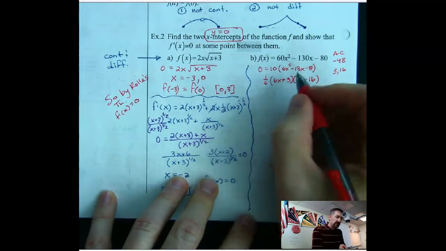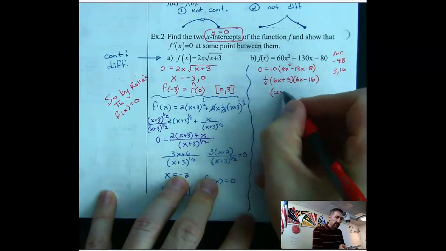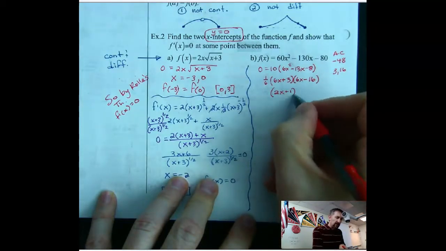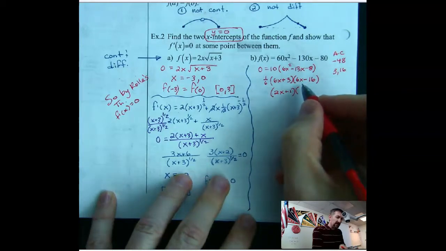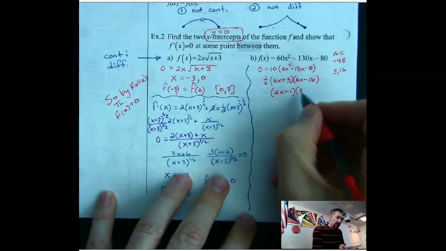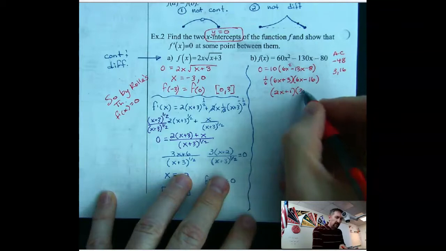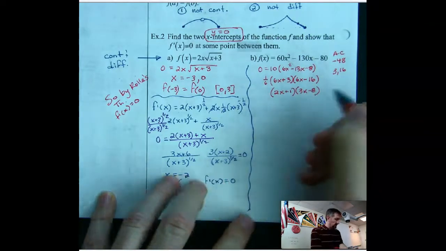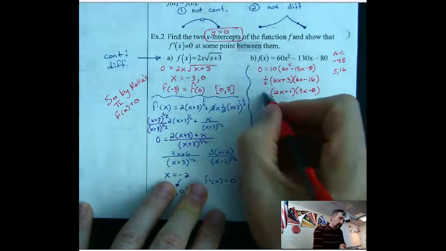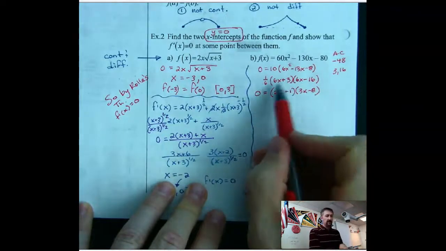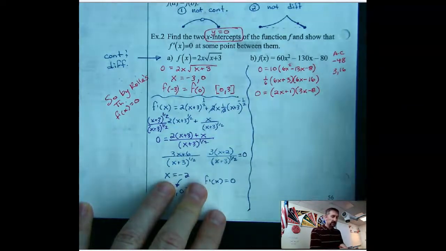So I can factor 3 out of here. So that's going to be 2x plus 1, and I can factor a 2 out of here, 3 out of here, and a 2 out of here. So that's going to be that. And if we set that equal to 0, now when you factor out the 3 and the 2, that cancels out the 1/6.